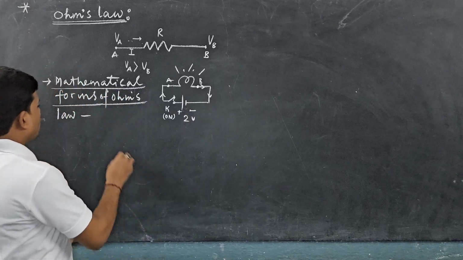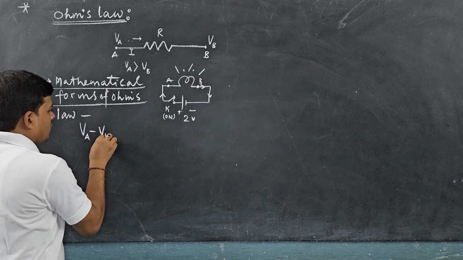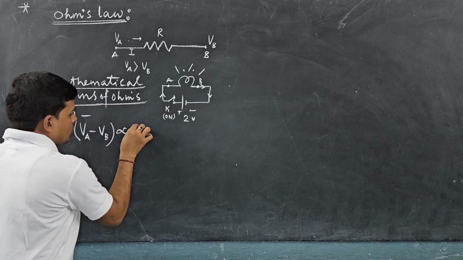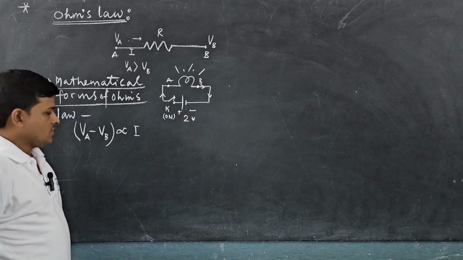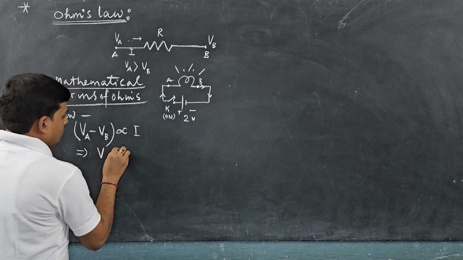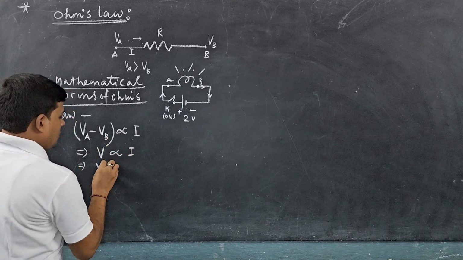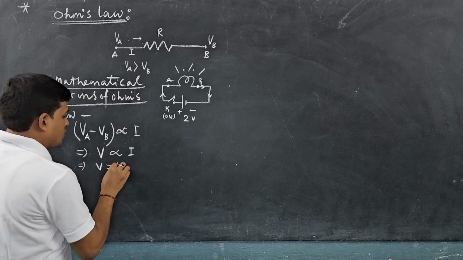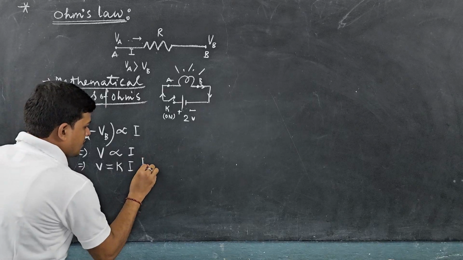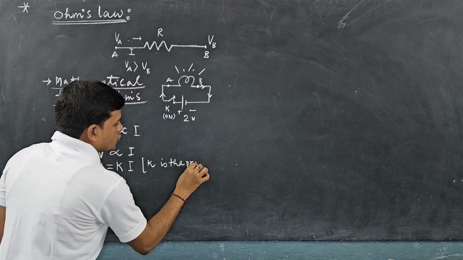Then, according to Ohm's law, we can write that VA minus VB, that is the potential difference, is directly proportional to I. That means we can write V proportional to I, or V equals, by introducing a constant K, K into I. Here K is the proportional constant.